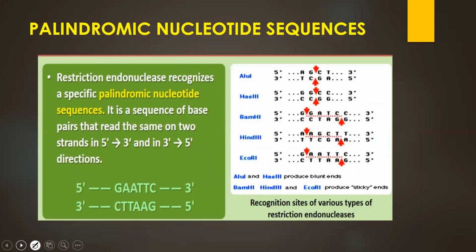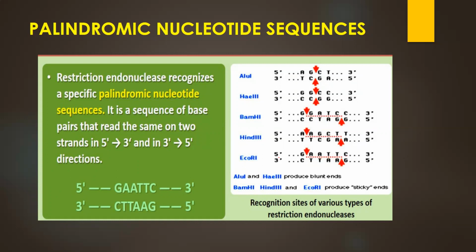Now let us understand what we mean by palindromic nucleotide sequence. The sequence of base pairs that reads the same on the two strands when the orientation of reading is kept the same is known as a palindromic sequence. For example, GAATTC.